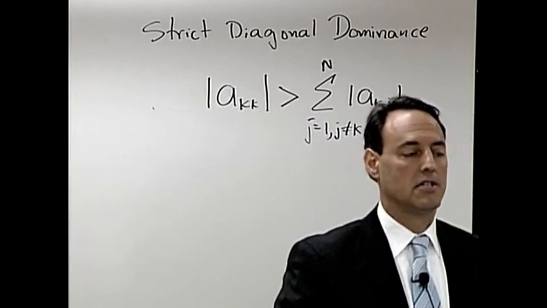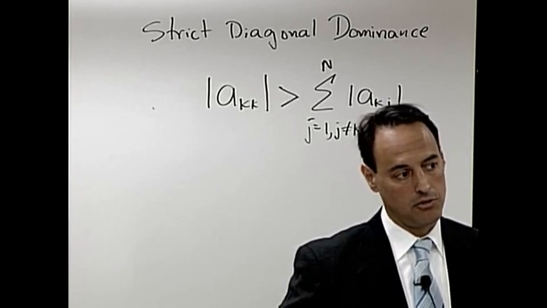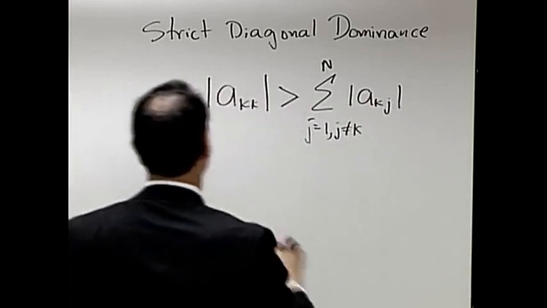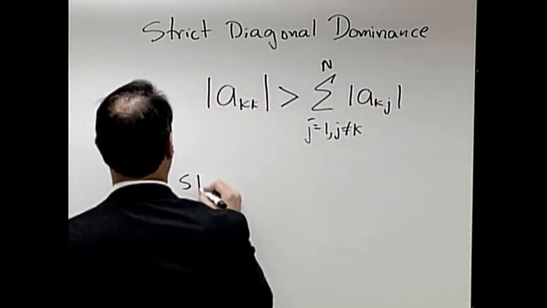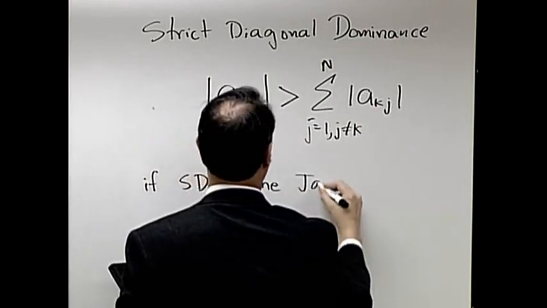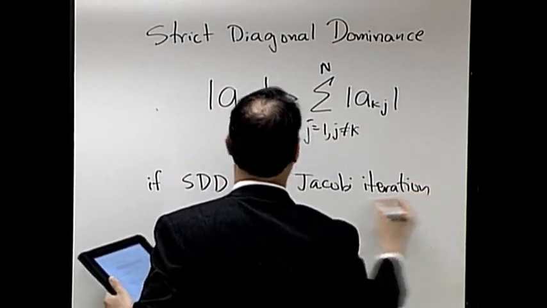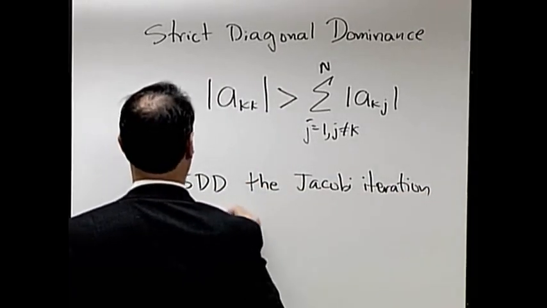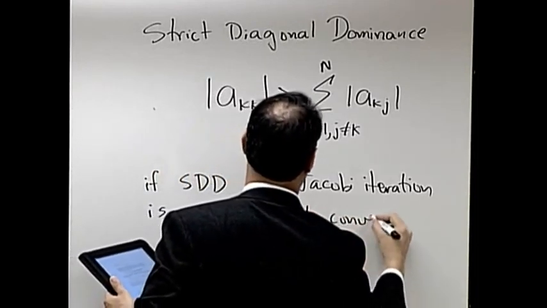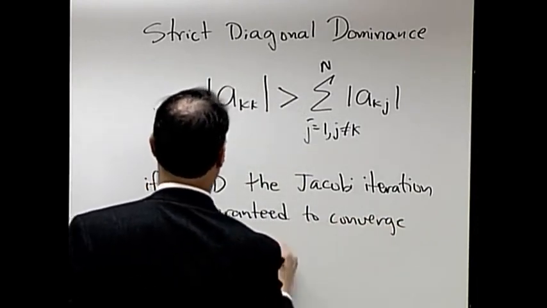Here's what's kind of awesome about strictly diagonal dominant matrices. If you have a strictly diagonal dominant matrix and you do this trick about rearranging things and doing the iteration scheme, then Jacobi iteration is guaranteed to converge for any guess.